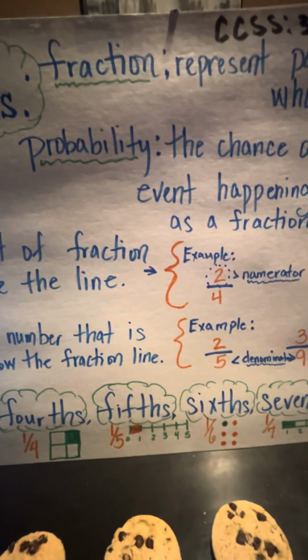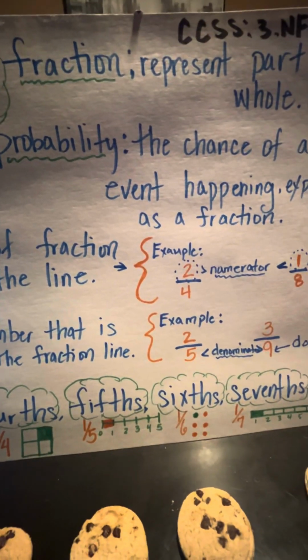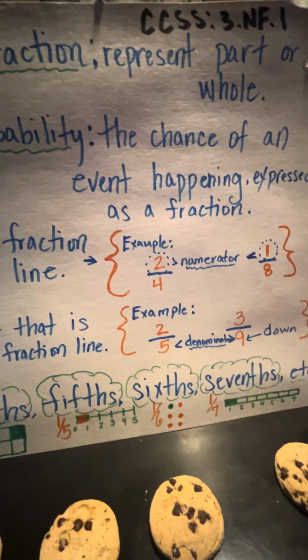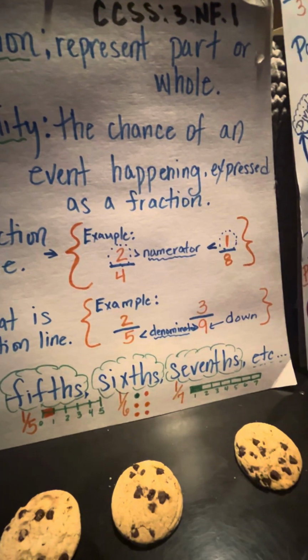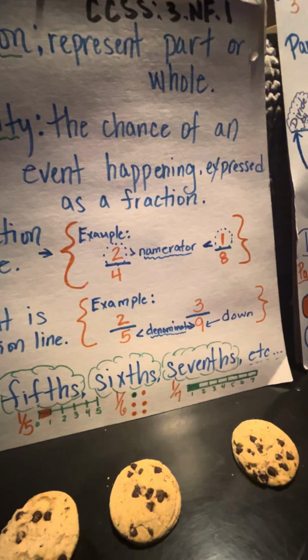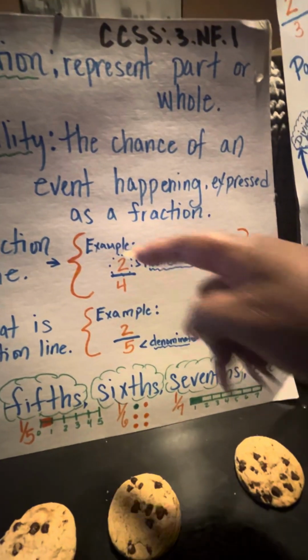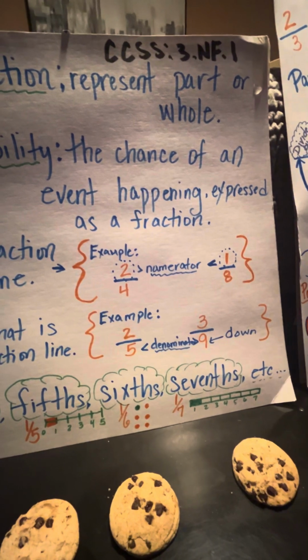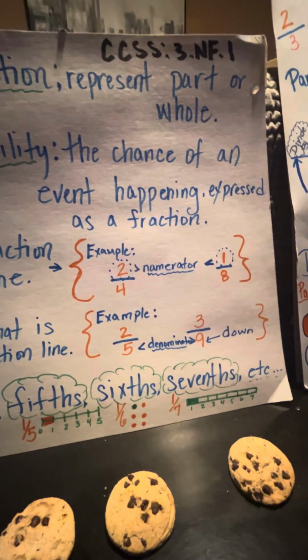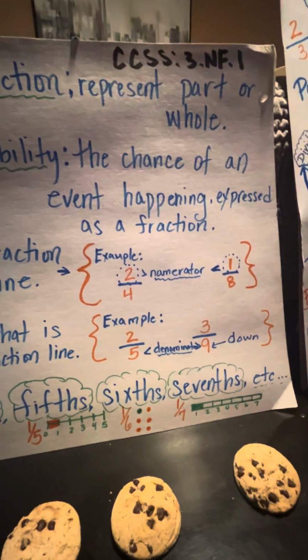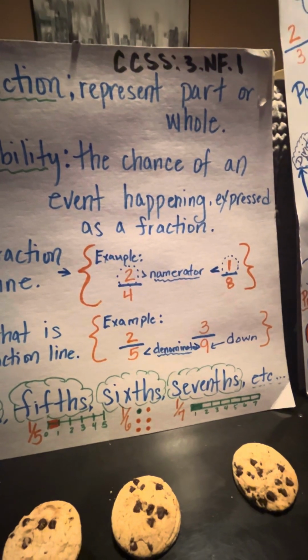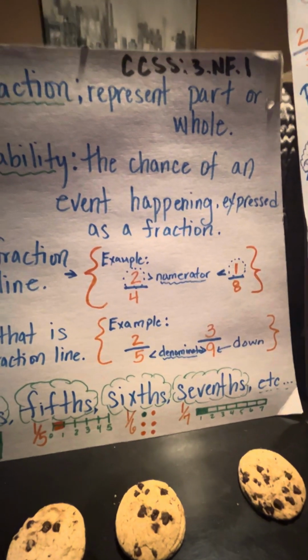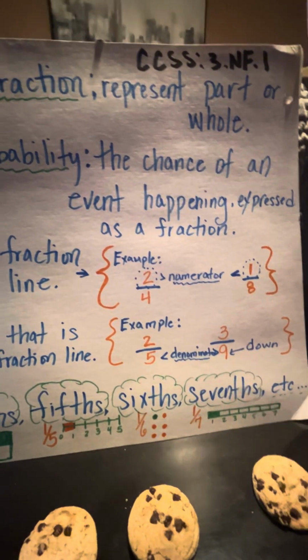If the numerator is the part of the fraction that is above the fraction line, and the denominator is the number that is placed below the fraction line, where do you think the fraction line would be in this problem? Students get excited, they raise their hand, and I call somebody up to point out the fraction line.